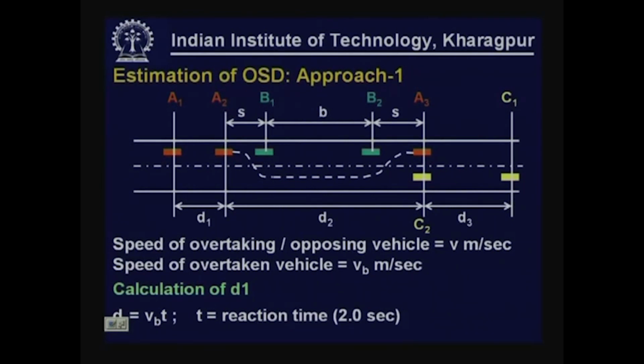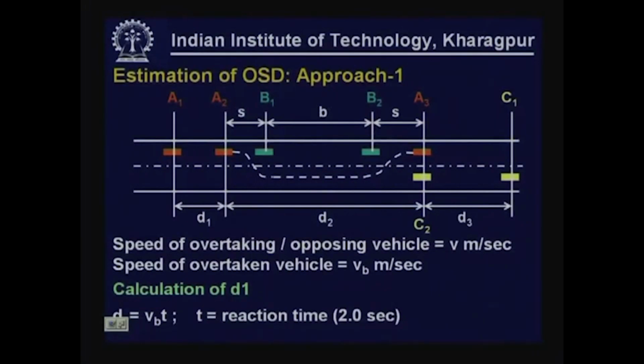When vehicle A is overtaking slow moving vehicle B, vehicle B is also moving. So, let us look at the sketch. Vehicle B is changing its position from B1 to B2, and during this overtaking operation, another vehicle is assumed from the opposite direction, which is vehicle C. When vehicle A is overtaking vehicle B, vehicle C is changing its position from C1 to C2.